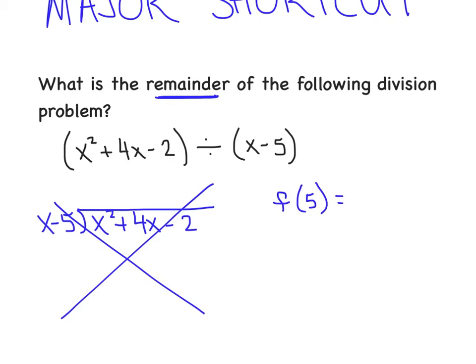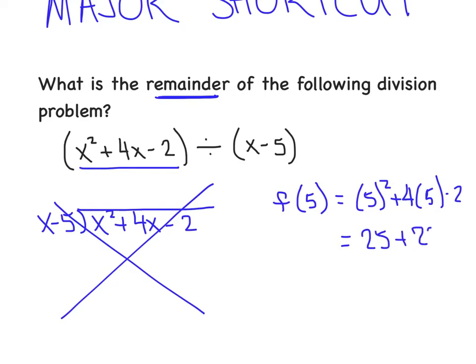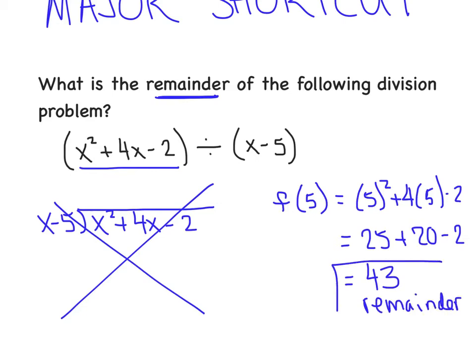And f refers to this function right here. I'm going to substitute: 5 squared plus 4 times 5 minus 2. And I got 25 plus 20 minus 2, and I got 43 as my remainder. That's all the work we have to do tonight. Of course, you could do the long division, but you'd end up getting the same answer.